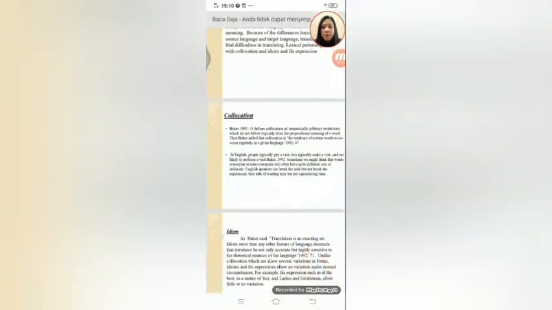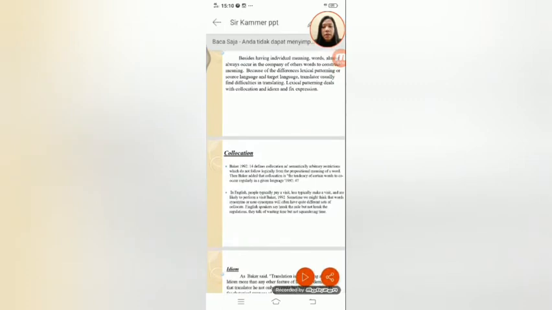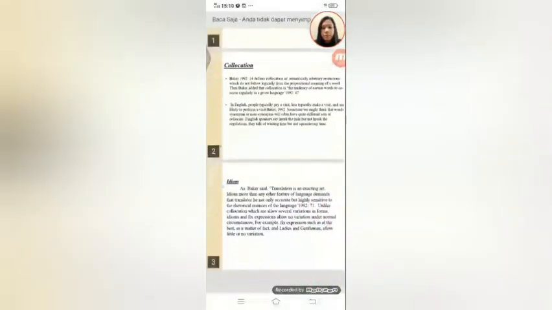Lexical patterning deals with collocation, idiom, and fixed expression. The first, collocation.